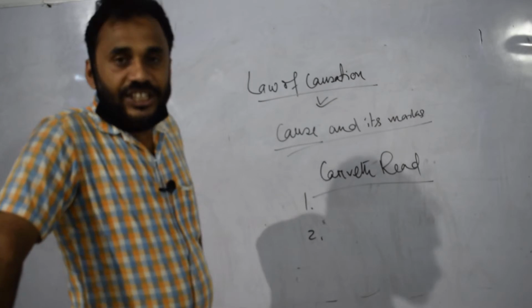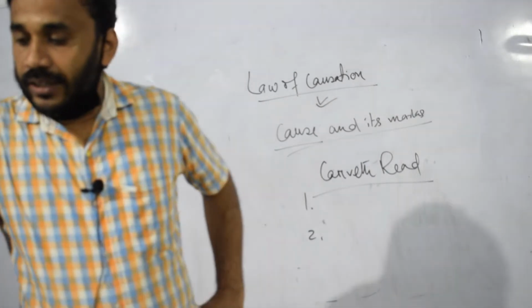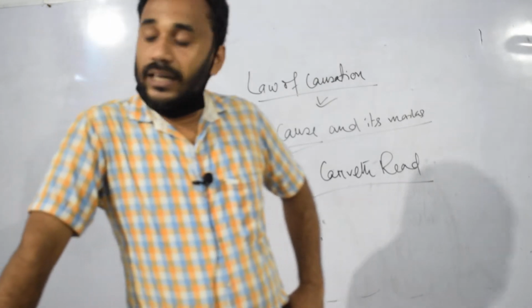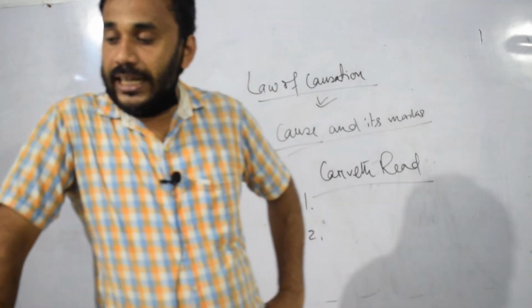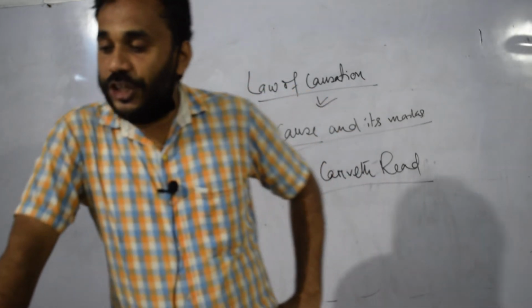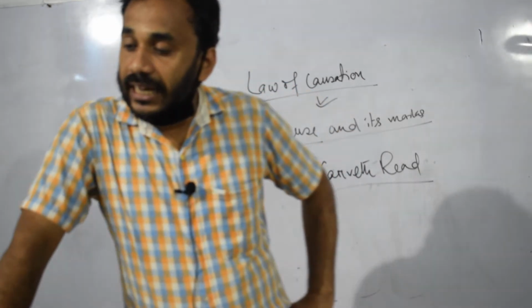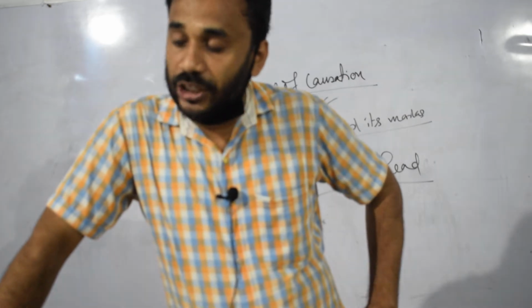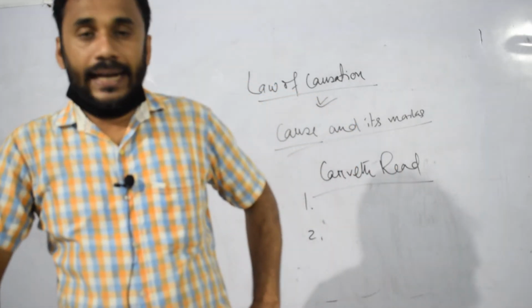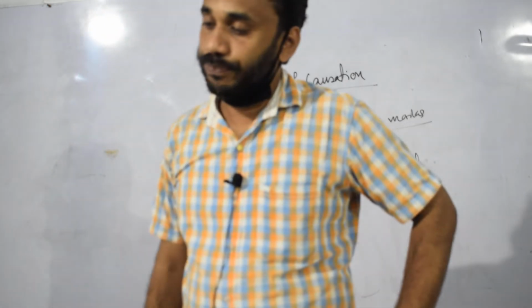If there are changes in the existing state of things, then the causal question comes to our mind: why does a change happen? If there is no change in the world, then no causal question will arise in our mind.